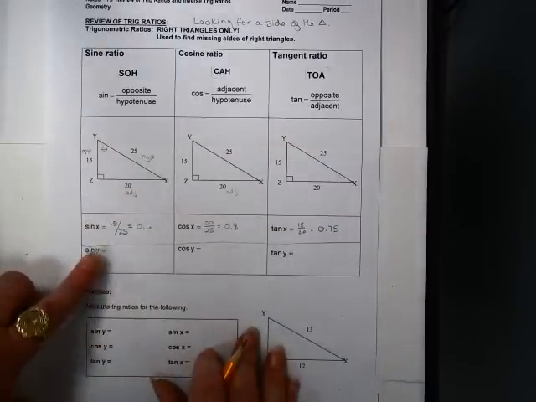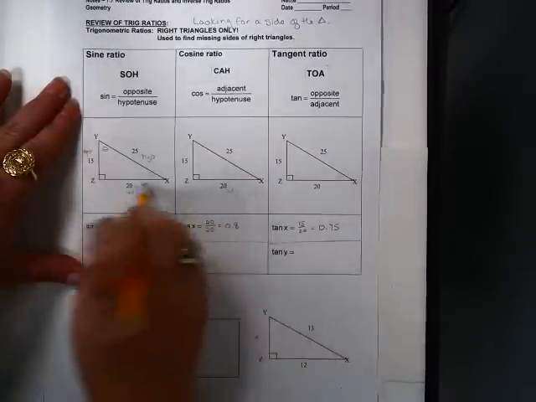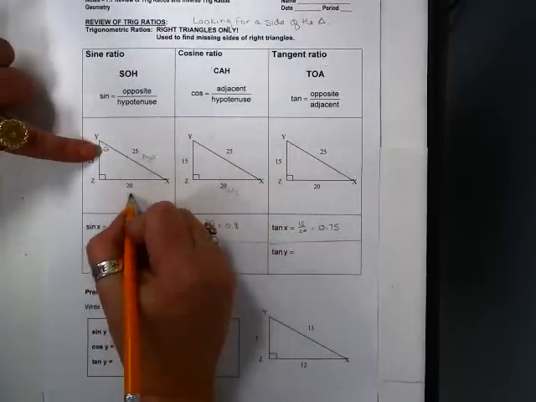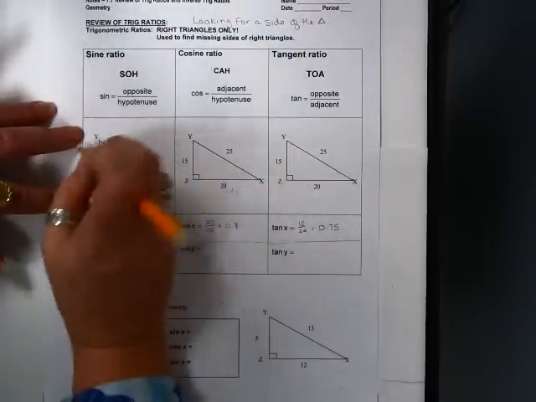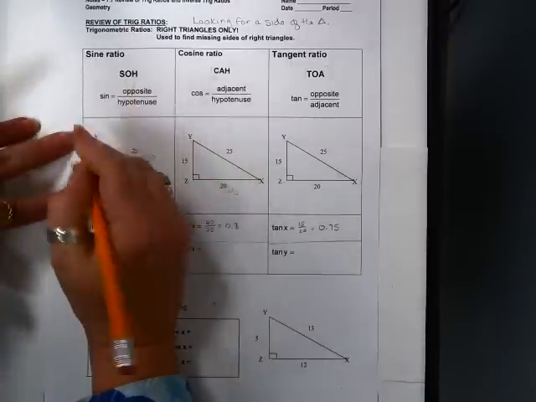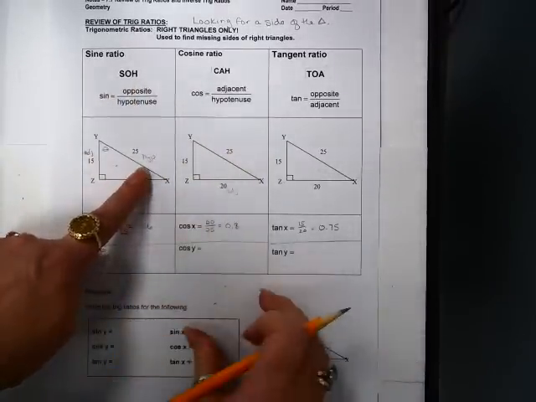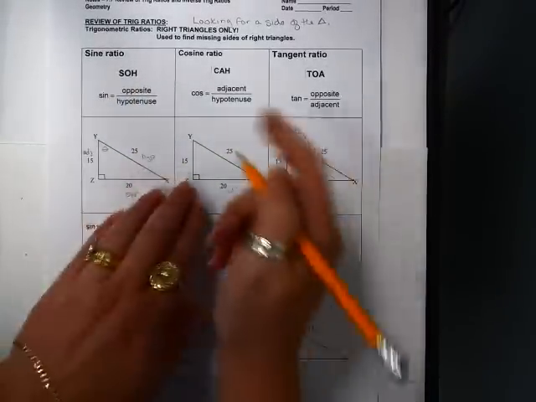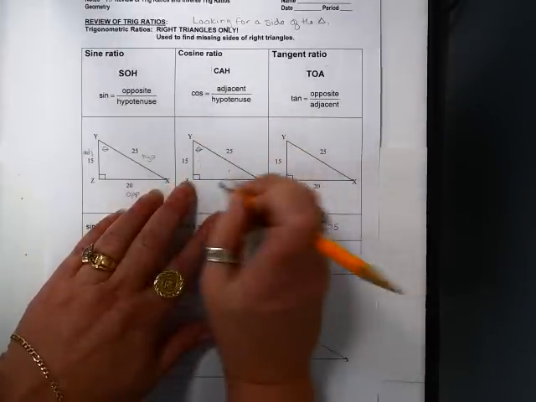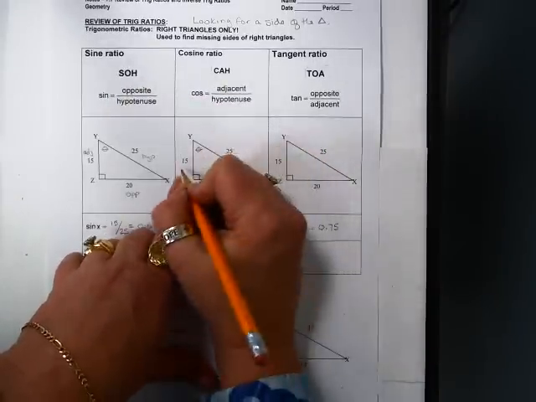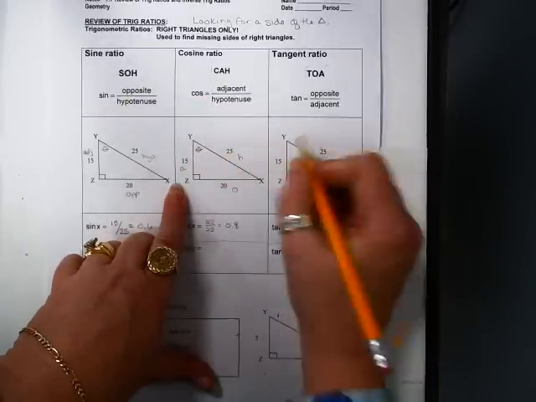Okay, so here, sine, that changes this now. Since this is my angle, this becomes the opposite side. This becomes the adjacent side. That stays the hypotenuse. So, I'll go ahead and mark this one. There's my theta. So this is no longer the adjacent side. This becomes the opposite. This becomes the adjacent, and this is the hypotenuse.